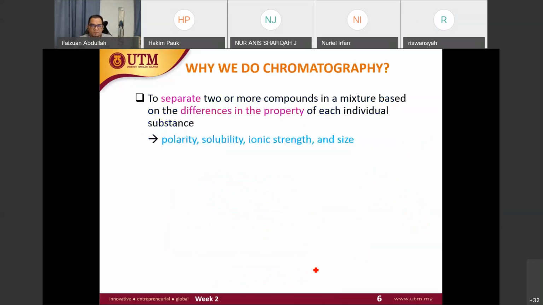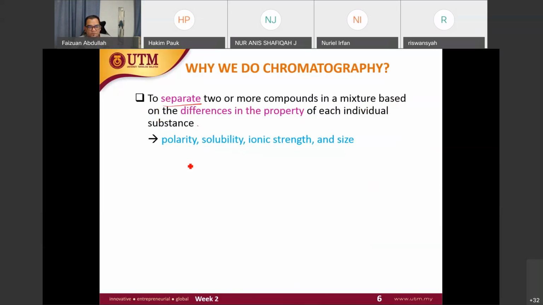Now, why do we do chromatography? The word is to separate, because our method is a separation method and the technique is chromatography. It separates two or more compounds in a mixture based on the difference in the property of each individual substance.